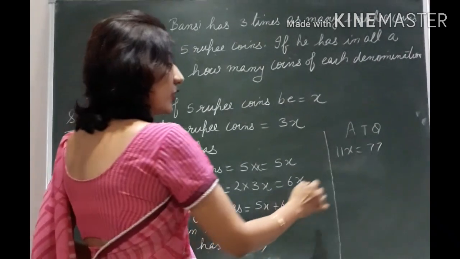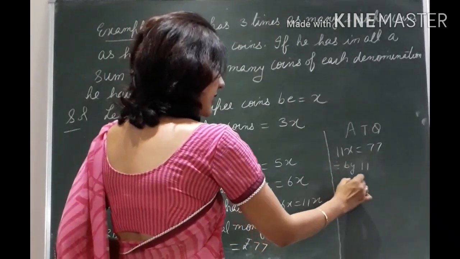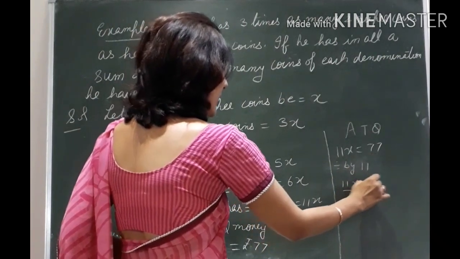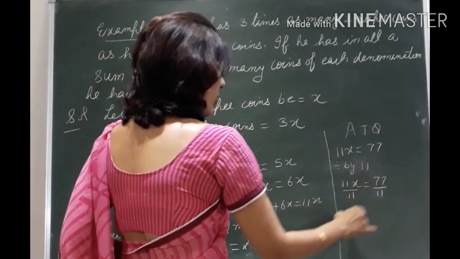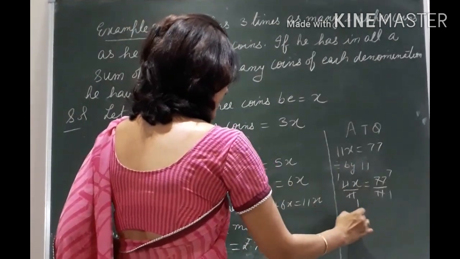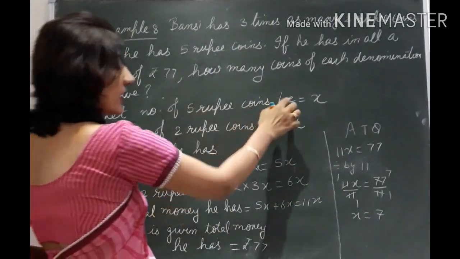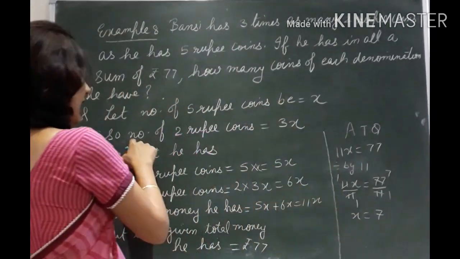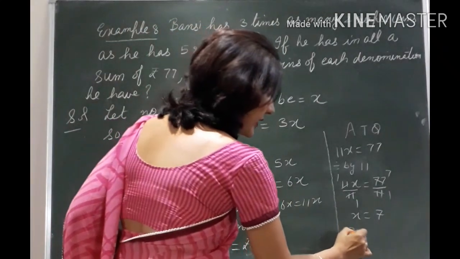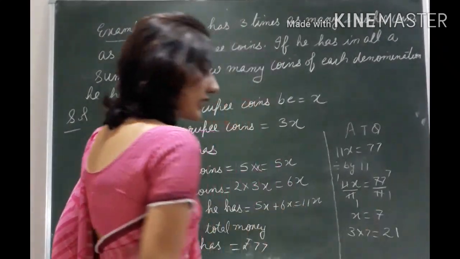Now to find the value of x, I will divide by 11 on both sides. 11x upon 11 equals to 77 upon 11. Cancel. 11 ones are 11, 11 sevens are 77. So x equals to 7. So the number of 5 rupee coins he has is 7, and the number of 2 rupee coins will be 3x, that is 3 into 7 equals to 21.